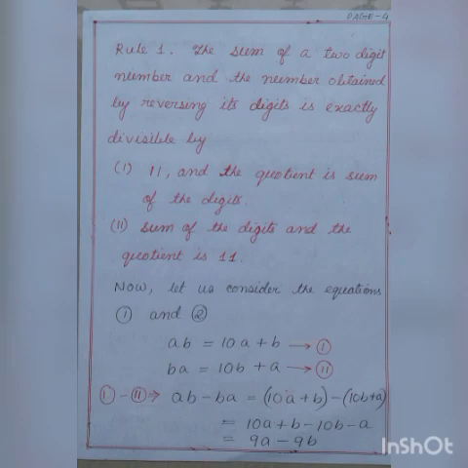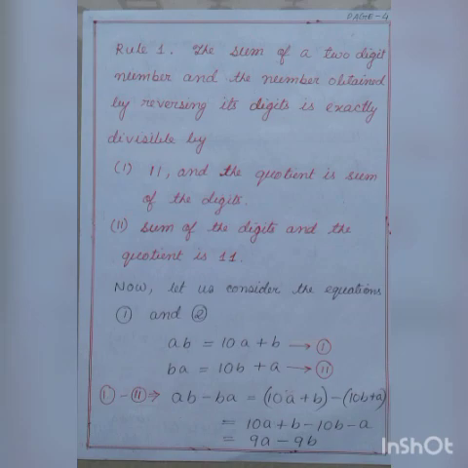Number 2: if we divide the sum of a number and its reverse number by the sum of the digits, then we get quotient 11.